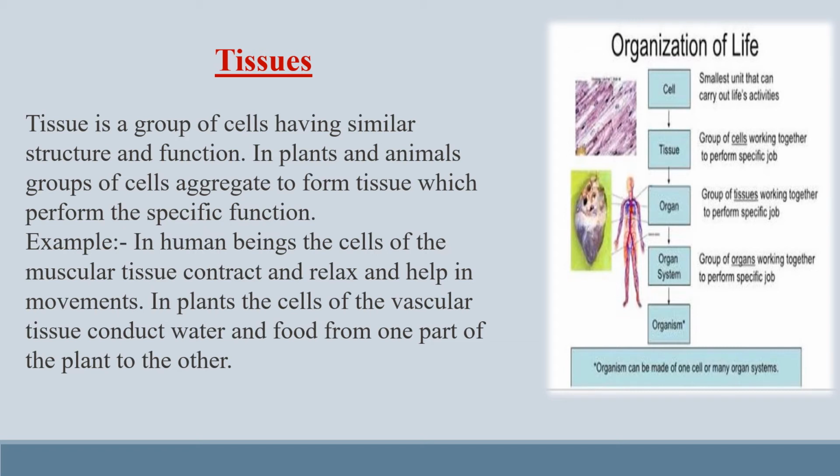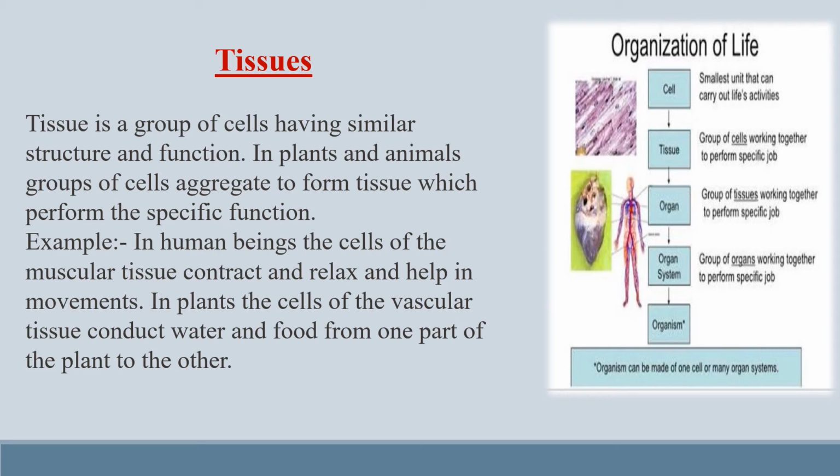After the organ system there is the formation of the organism, which means a combination of different organ systems. For example, a human is an organism. In a human there are different types of cells which perform different functions, and groups of cells form tissues, and tissues aggregate to form organs and organ systems.